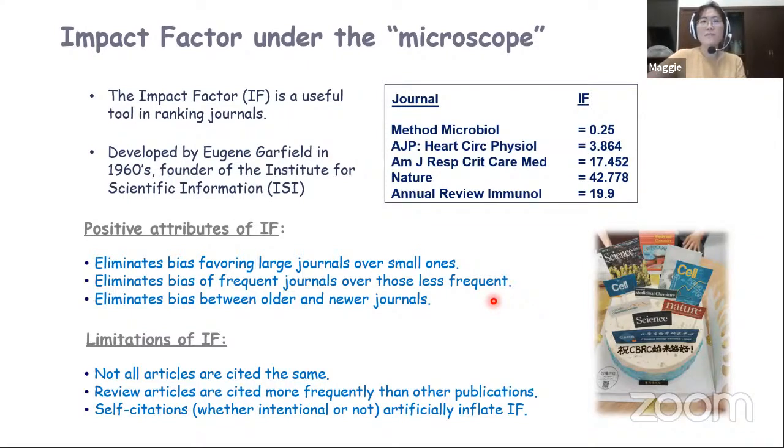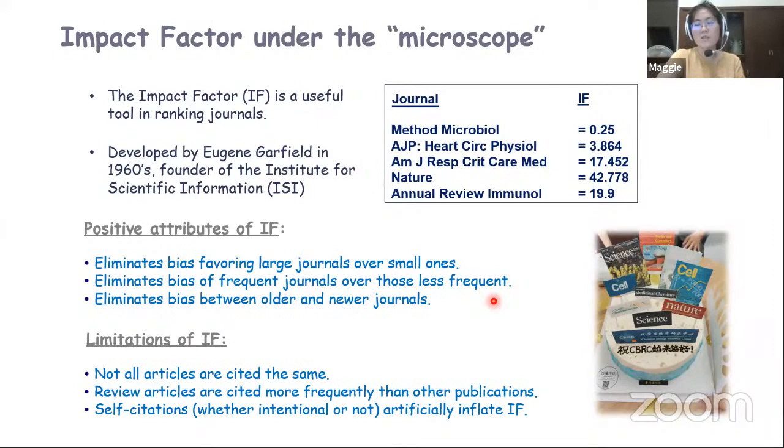For example, if a big group of scientists publish a lot of papers every year, and in each of their publications they cite their previous study, then that's called self-citation.